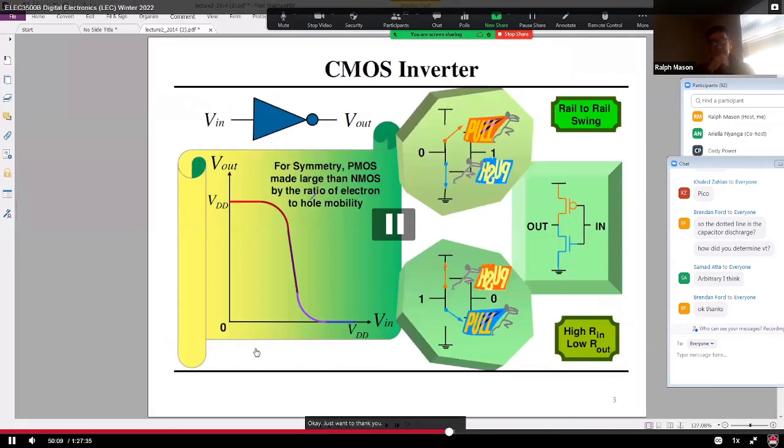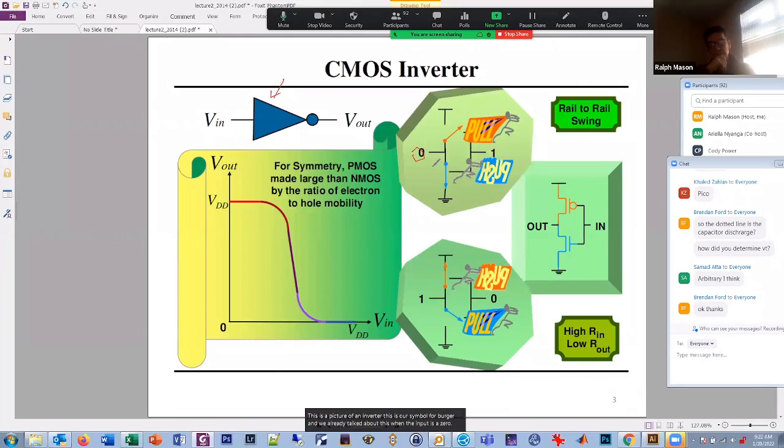This is a picture of an inverter. This is our symbol for our inverter, and we already talked about this. I just noticed that this is backwards.